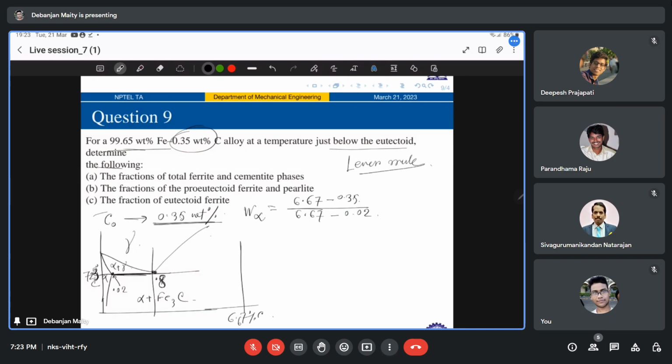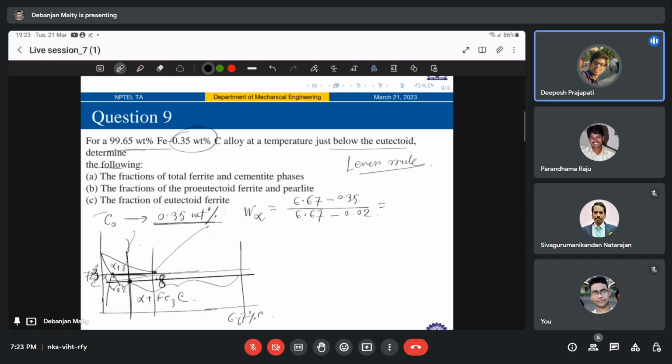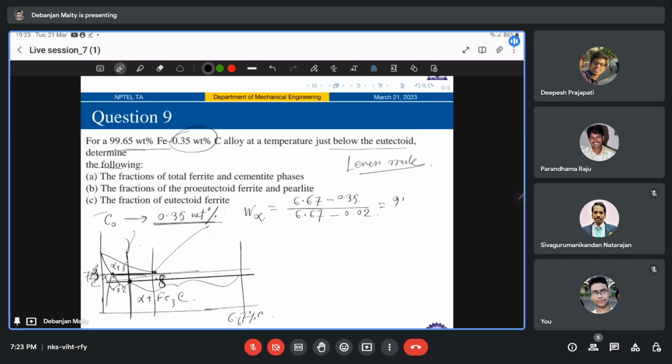Am I right? So this part is alpha and this part is Fe3C. How much is this coming? 95.04%.